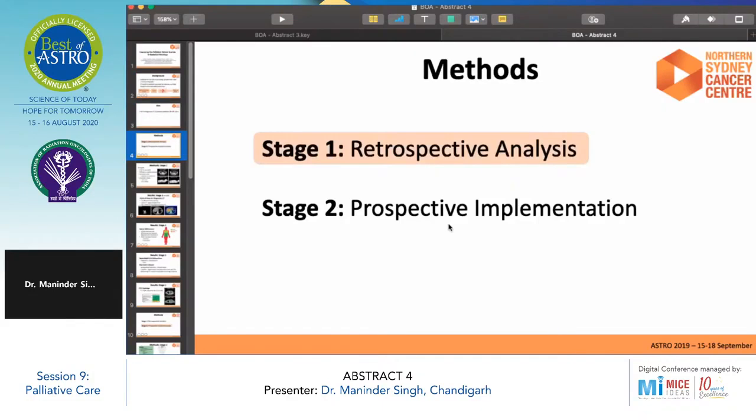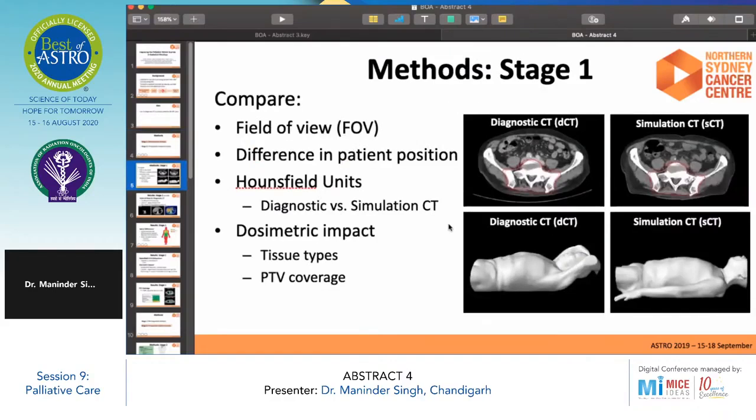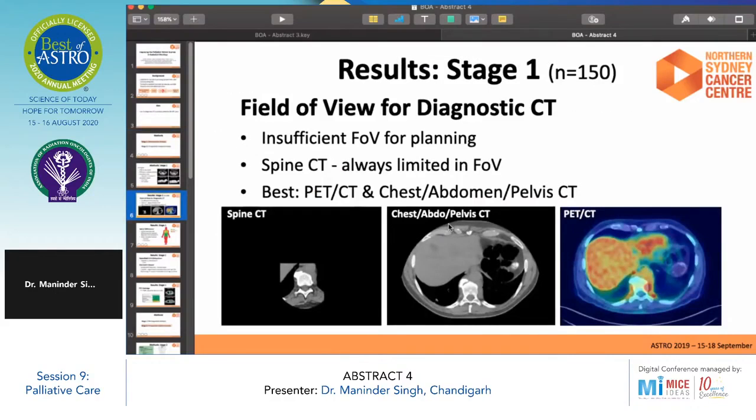So to see if this was at all feasible, the project was divided into two stages. First stage was a retrospective analysis from the database, which will help find the patients most suitable. Second stage was prospective implementation. It began by comparing diagnostic CTs to simulation CTs to help define potential barriers to sim-less palliation.